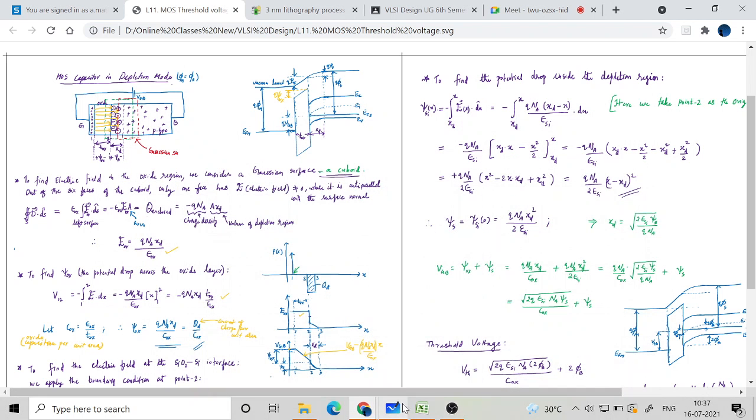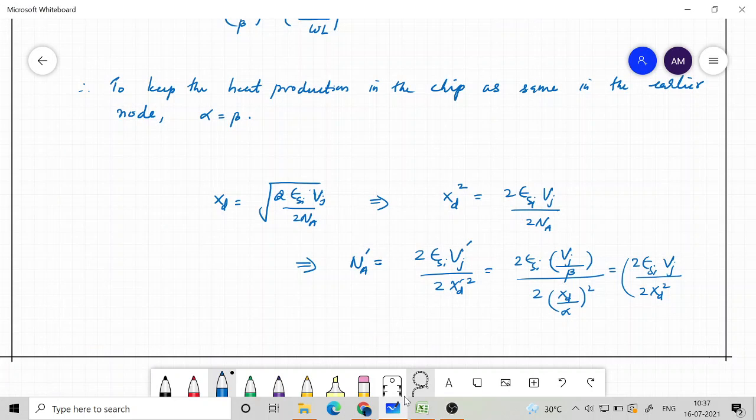Sorry, I think I made a mistake in the formula. It is Q N, not 2 N. That also doesn't matter, it's a constant.